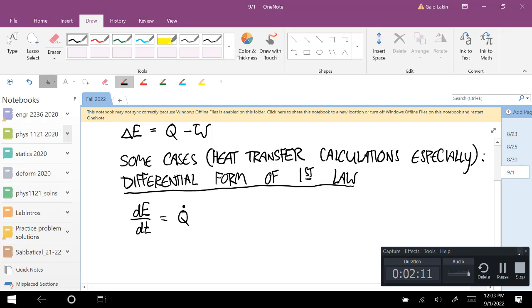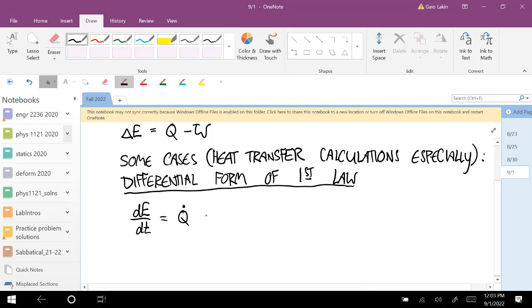So dE dt is equal to Q dot minus W dot. And here's what all these things mean, because remember, E is a property. Q and W are not properties.